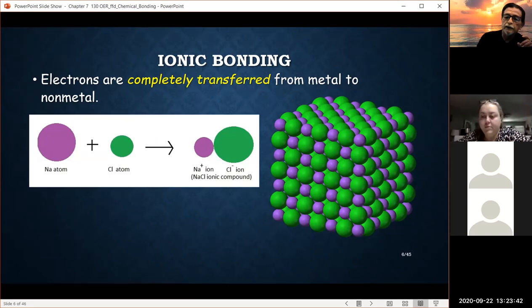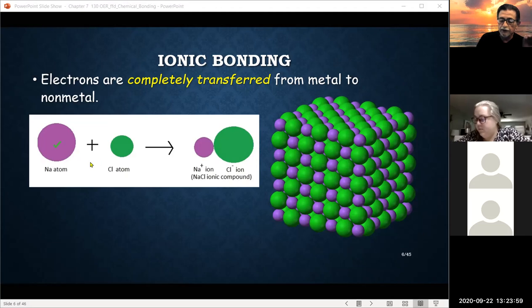So when we look at the sodium atom, and when it loses an electron, its diameter gets smaller.